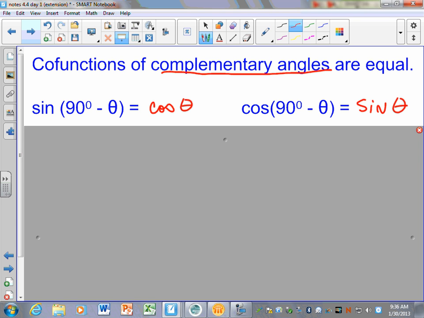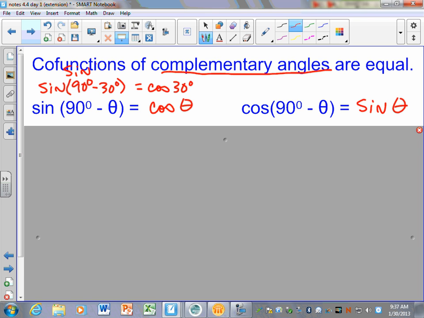If you remember that complementary angles go together, let's think of a really nice angle that we know, like 30 degrees, or pi sixths. I'm going to go with 30 degrees since I'm in degrees here. If I put 30 degrees in here, do you agree that that would say sine of 90 minus 30 equals cosine of 30, if I just filled 30 in for theta? What is 90 minus 30?